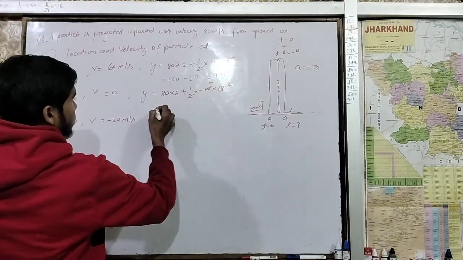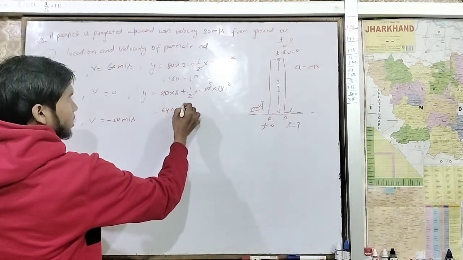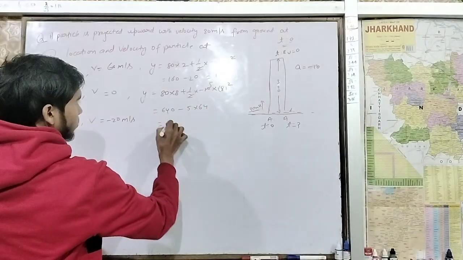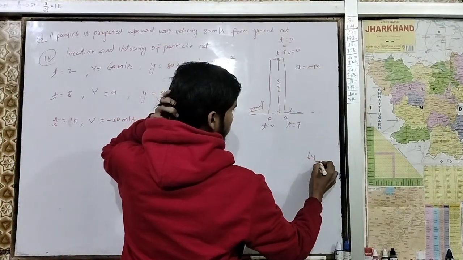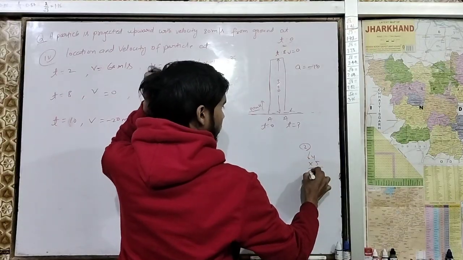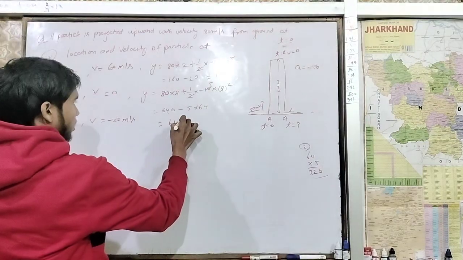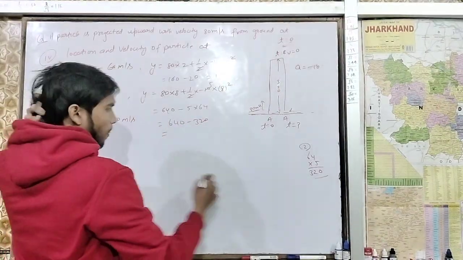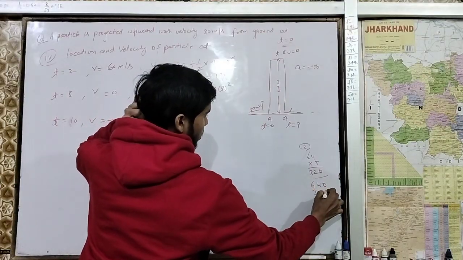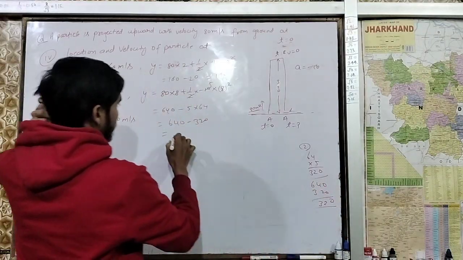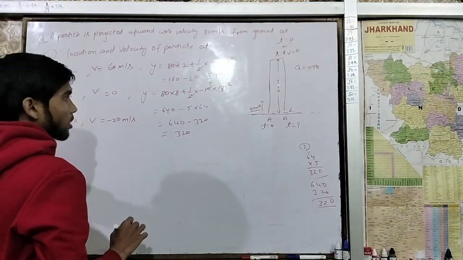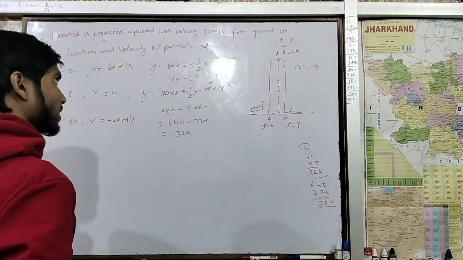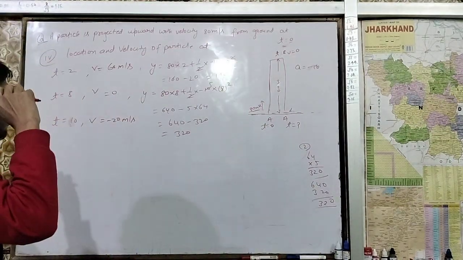Minus 5 multiplied by 8 8s are 64. 64 5s are 320. 640 minus 320 is 320.